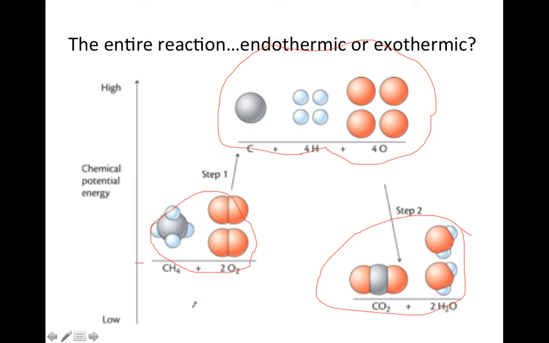Now, interestingly enough, take a look here. The reactants have more energy than do the products. So what happened? Did the energy leave or did the energy go in? Well, the answer is the energy left. And we say when the energy leaves, it is an exothermic reaction, meaning that it's giving off heat in doing so.